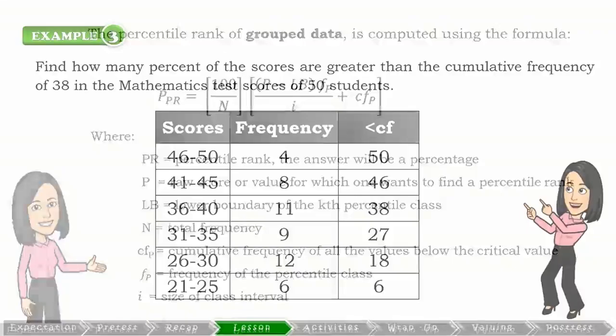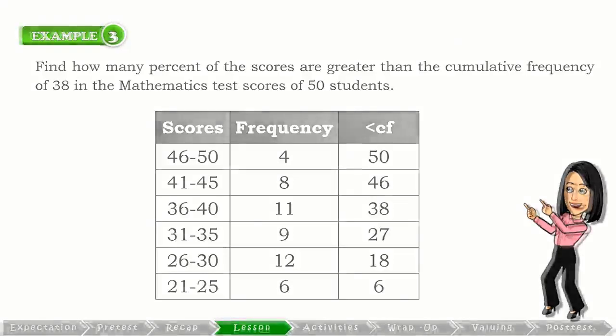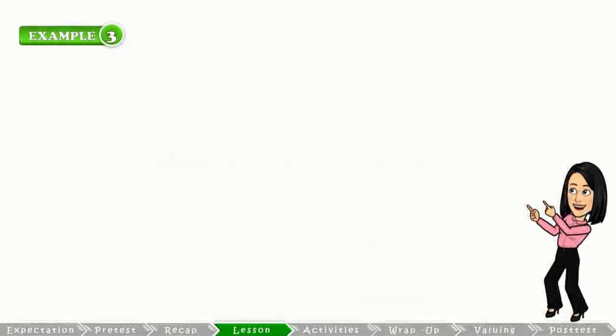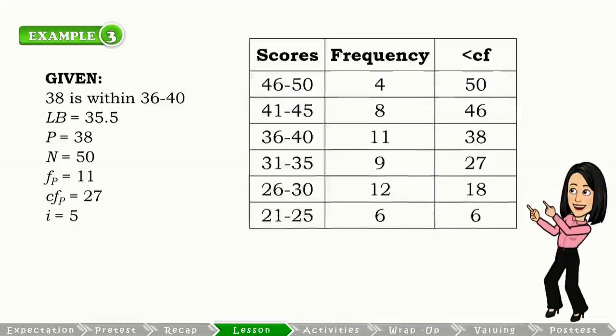Let us have example number 3. Using the table below, find how many percent of the scores are greater than the cumulative frequency of 38 in the mathematics test course of 50 students. Let us first set all the given facts. Since 38 is within the class interval 36 to 40, the lower boundary is 35.5.